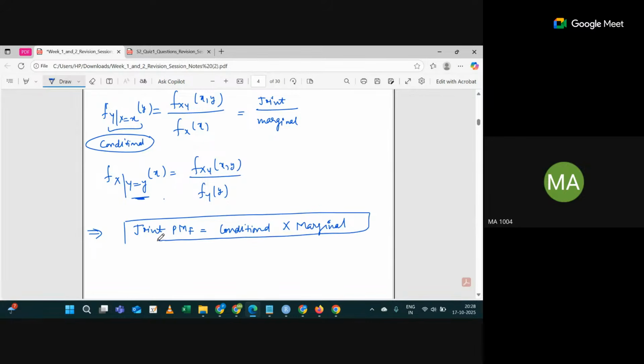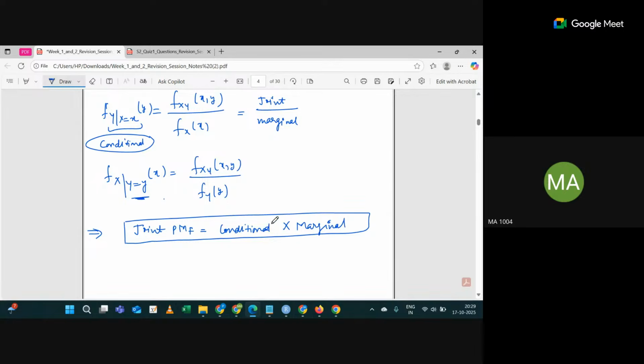Why this relationship is very important: we are not going to discuss it in depth, but I will give you the idea. In real situations, you might get data where it is very difficult to model the joint probabilities directly. What you can easily deal with are the marginal and the conditional.